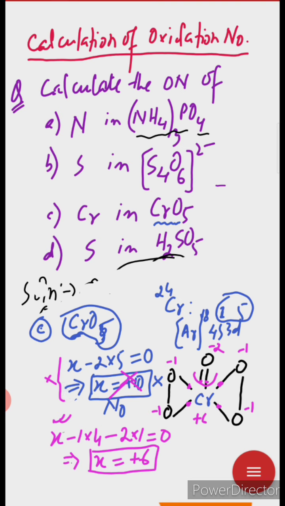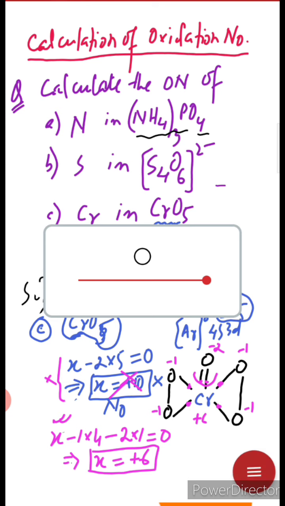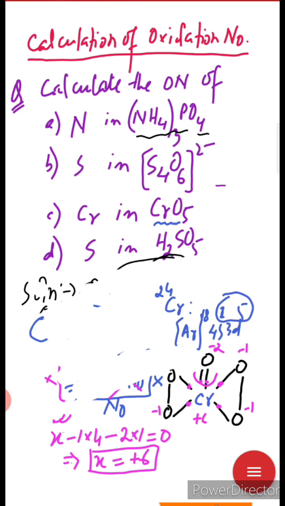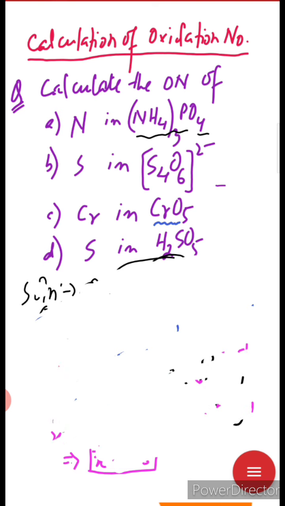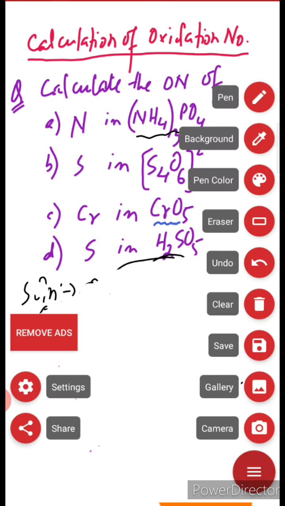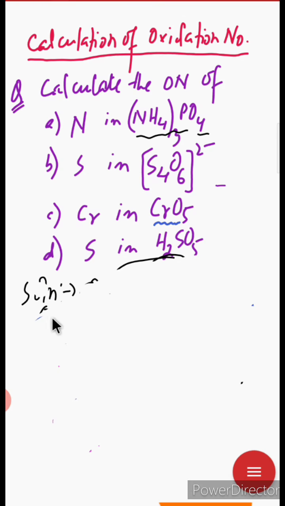Let me do the final question. For that I need to rub this portion again. So in the last question, we need to calculate the oxidation number of sulfur in this oxo acid.